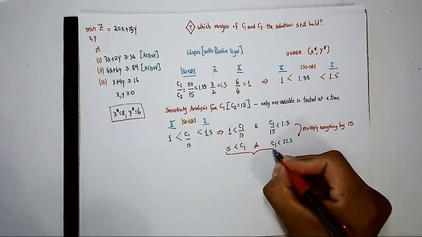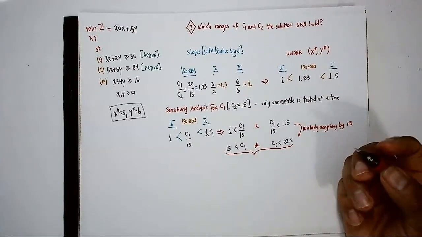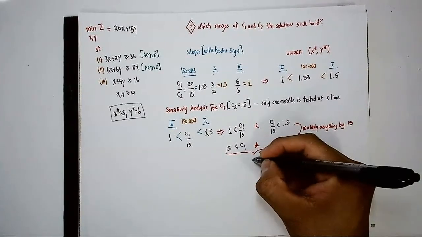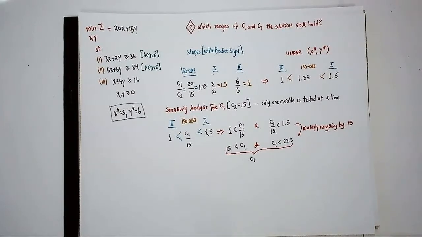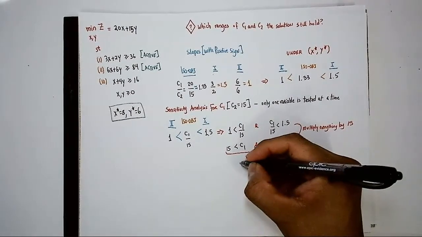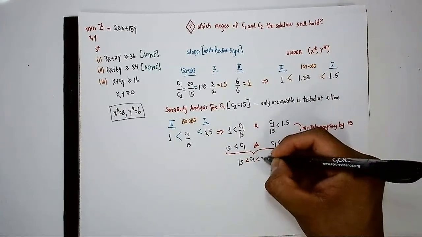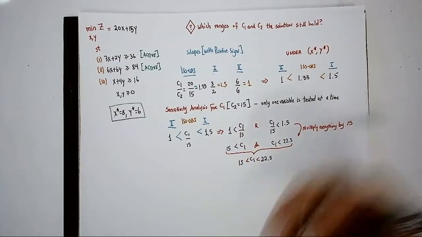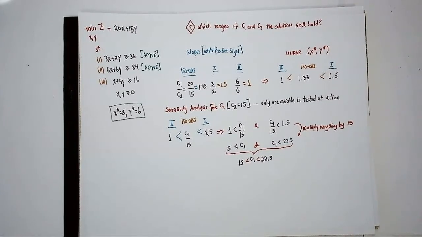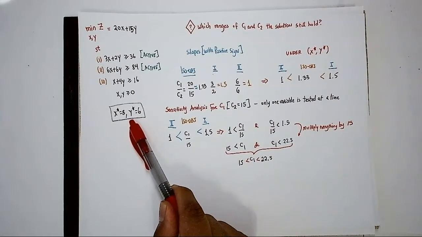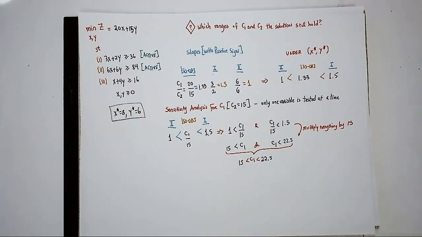Putting these two relationships together, we get that C1 must be between 15 and 22.5 in order to keep this as the optimal solution.